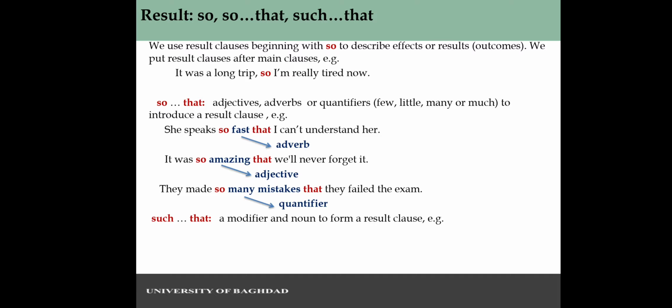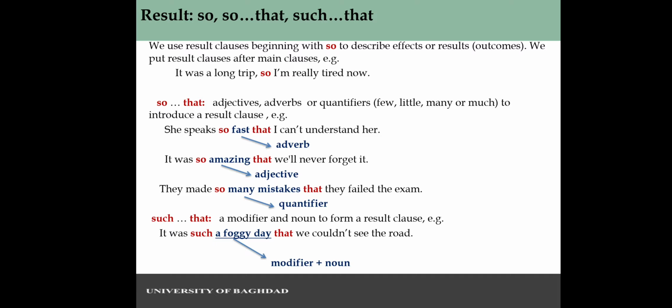With regard to such that, again, we need to insert something between these two words. We need to insert a modifier and a noun to form, again, a result clause, as in the following example. It was such a foggy day that we couldn't see the road. So as you see, what do you have here? We have a modifier, foggy, plus the noun. So we need specifically an adjective plus a noun.